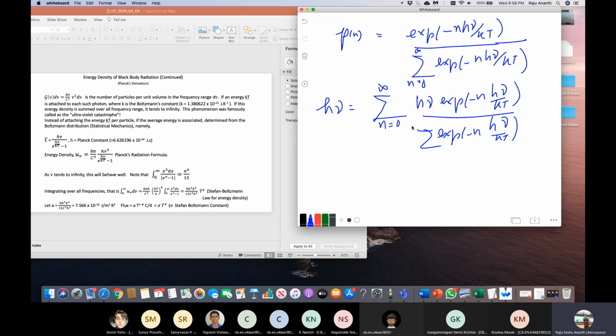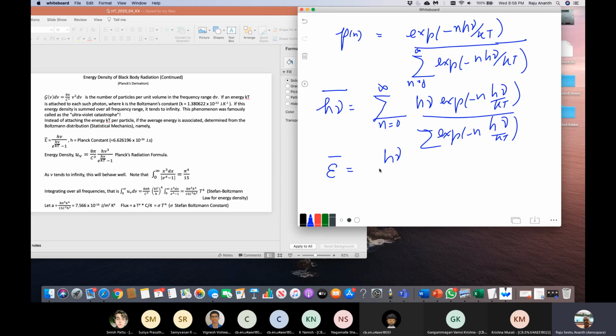So this is what he used. This is a brilliant stroke. If I use that, I get the average energy per particle will be h nu. Same thing will come because this can come out for n equal to 0 and n equal to 1. That's the reason h nu is coming out.